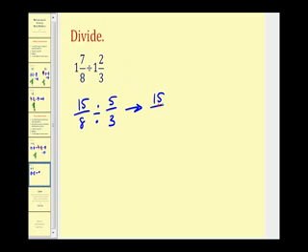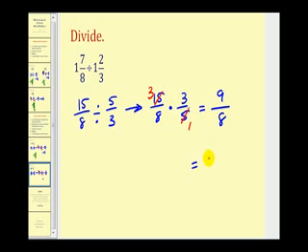So it'll be 15/8 times the reciprocal, or times 3/5. And again, let's go ahead and simplify first. Notice we have a common factor of 5 here. There's 1 5 in 5 and 3 5's in 15. Multiply across the top, we have 9. Across the bottom, we have 8. And 9/8 would be the same as 1 and 1/8.